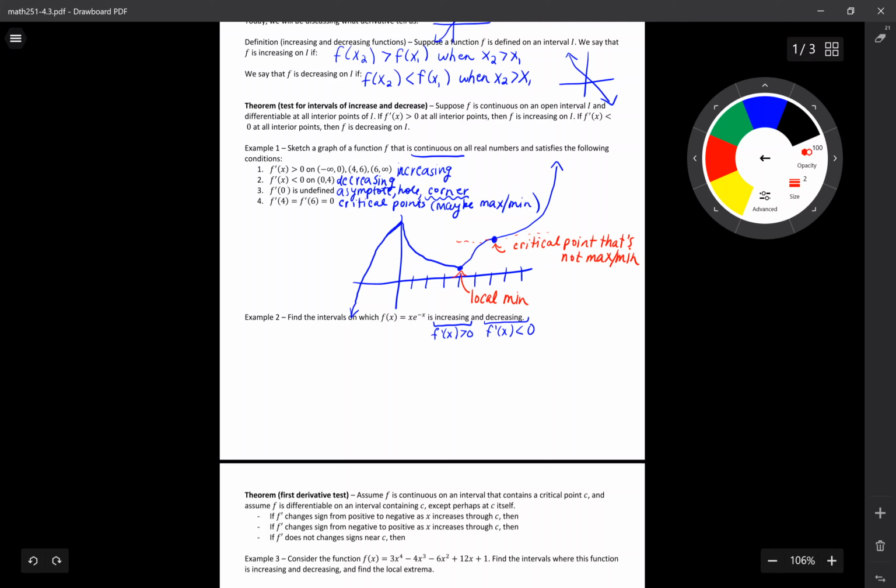So to find the derivative of f of x equals x times e to the negative x, I'm going to have to use the product rule. So that gives us f prime of x is equal to the first times the derivative of the second, that is negative e to the negative x, plus the second times the derivative of the first.